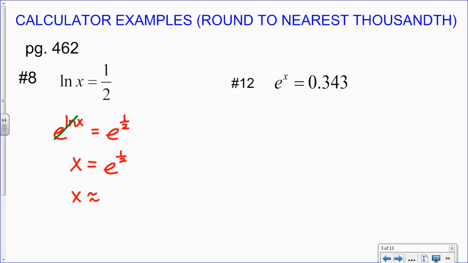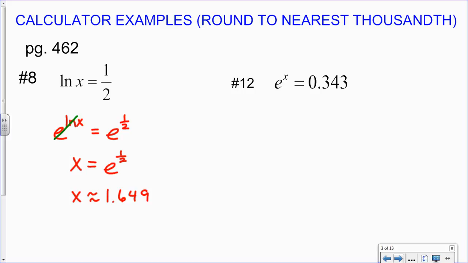So e to the 1/2, that's 1.649. Okay. So you should have gotten that with the calculator.